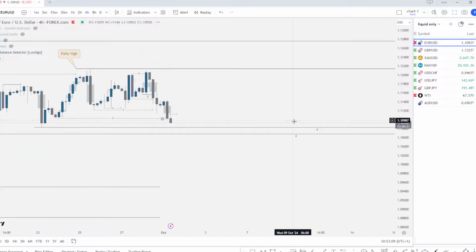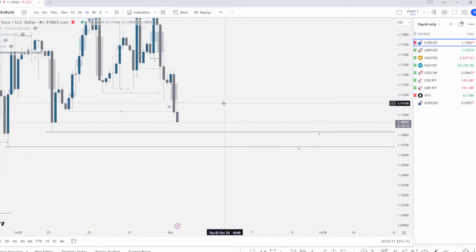Now, in the scenario of a pullback, which is what we're in at the moment, we're looking for relative points of high liquidity for price action to transfer the wealth from one side to the other. Remember that liquidity is transferred from good positions to bad positions, or from high liquid holders to low liquid holders, and it's simply just how it works.